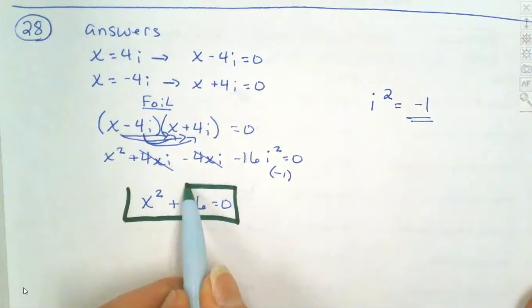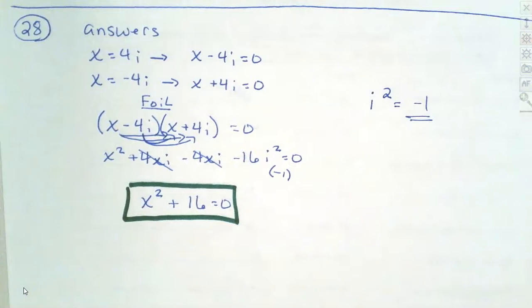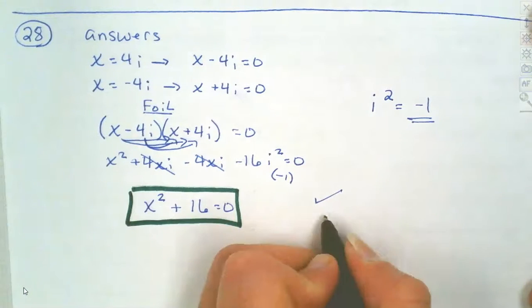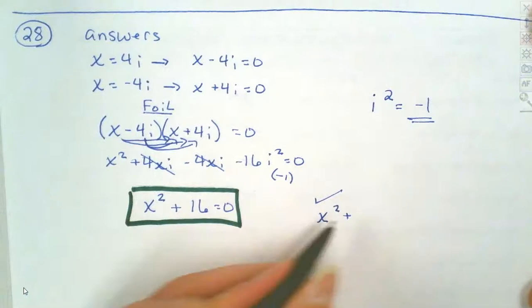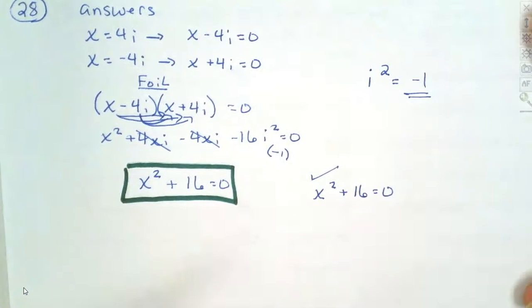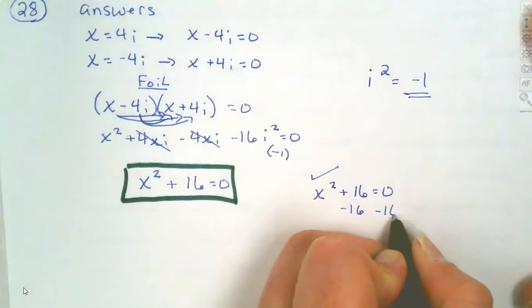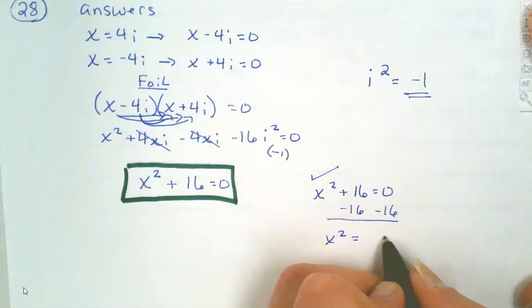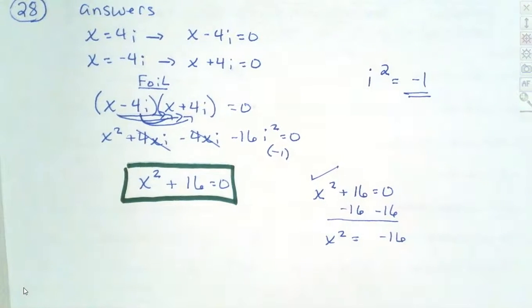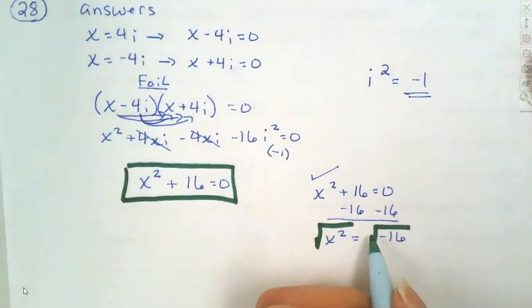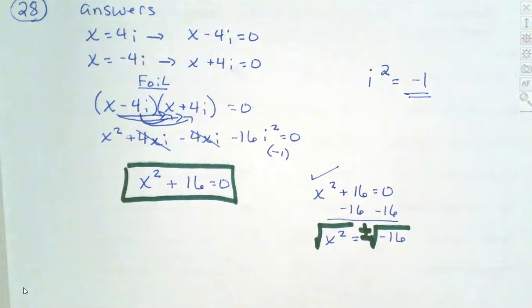Now we can check it pretty easily, because how would you check it? Well, let's solve it and see if we get these original answers. If I want to solve x squared plus 16 equals 0, I would move that 16 over, and then how would you get rid of a square? What property do we use to get rid of a square? Square root. And whenever I take a square root, what do I have to add in? Plus or minus.